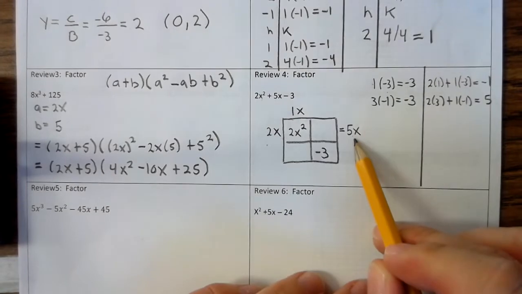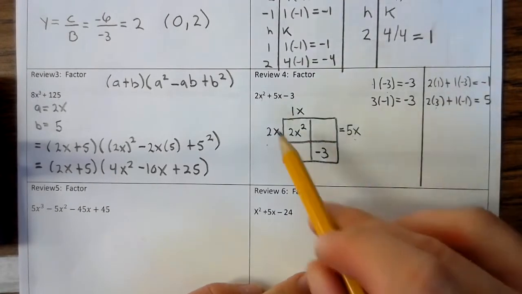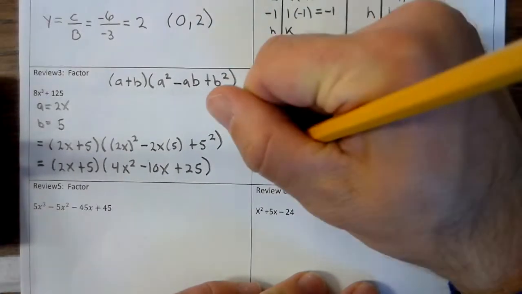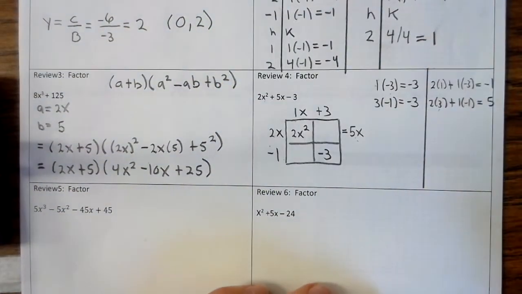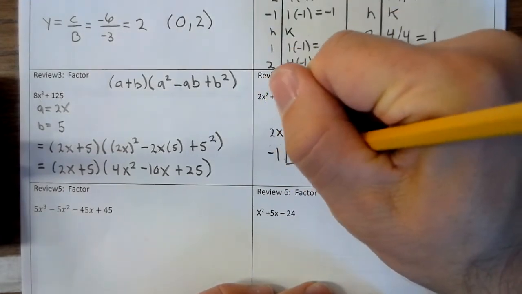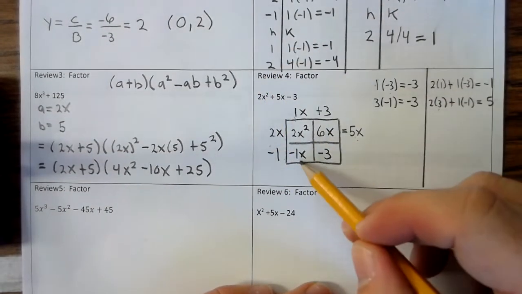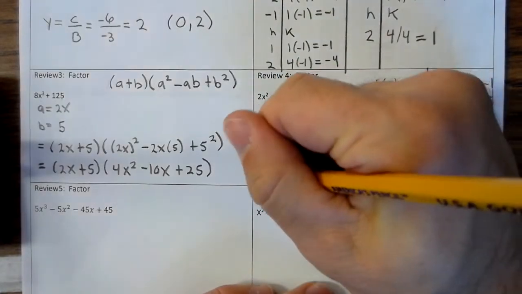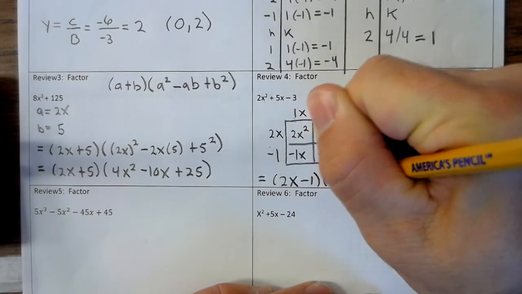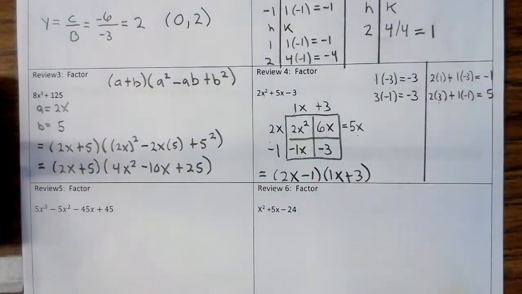Well, that's our middle term. We know the 3 goes with the 2, and the -1 goes with 1. So that's plus 3 minus 1. So 2x times 3 is 6x. -1 times 1 is -1x. 6x minus 1x is 5x. This works. So our factors are 2x minus 1 times 1x plus 3.